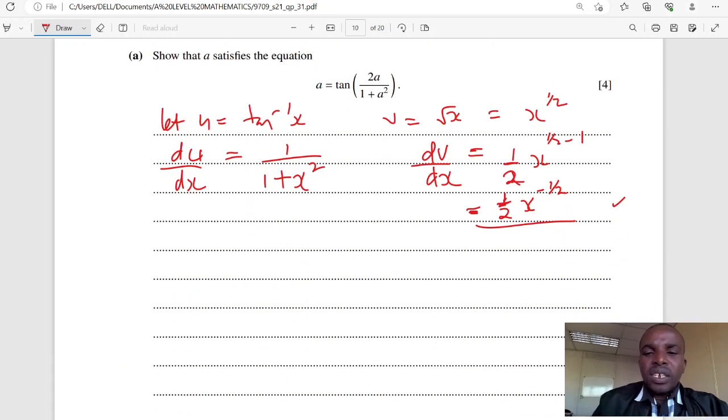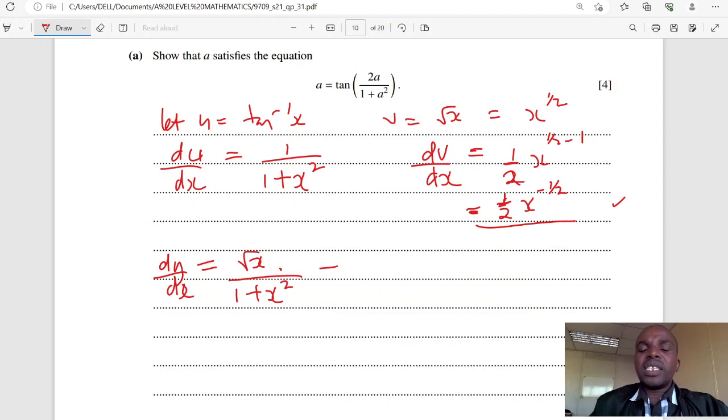So I can say here dy over dx equals v, which is x to the power half or root x, times du/dx, which is 1 over 1 plus x squared, then minus u, which is arctan x, times dv/dx, which is half x to the power minus half, then all over v squared.